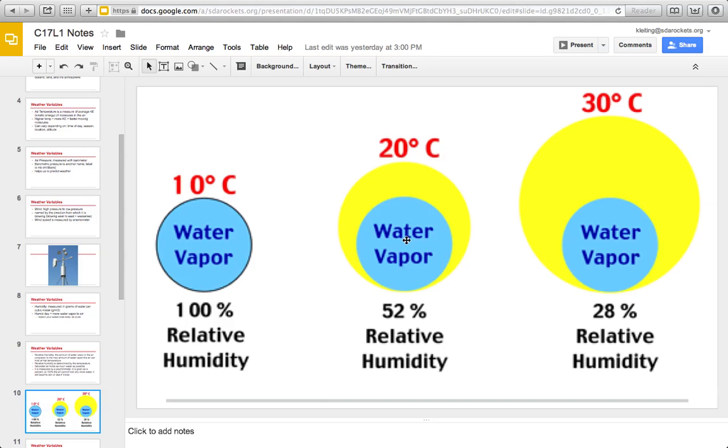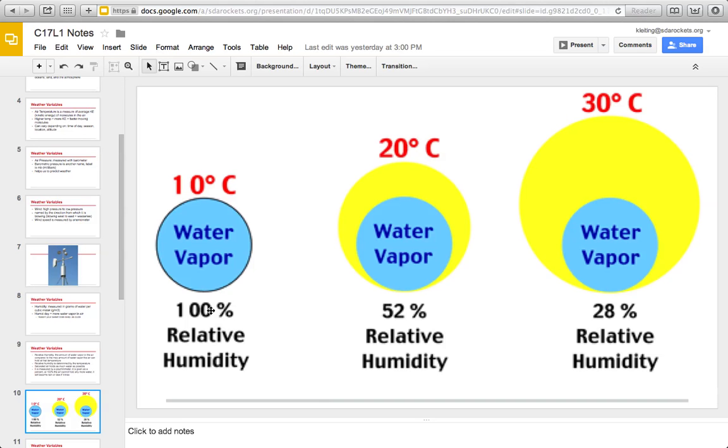Here, the same amount of water vapor at a cooler temp is 52% relative humidity. And then we get down to 10 degrees Celsius, and we have 100% relative humidity. So that would be saturated air.